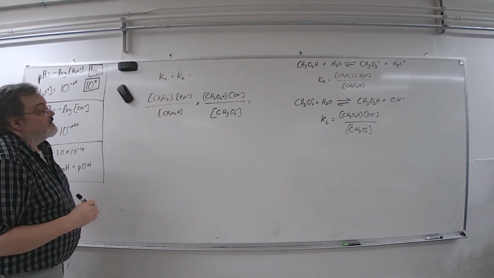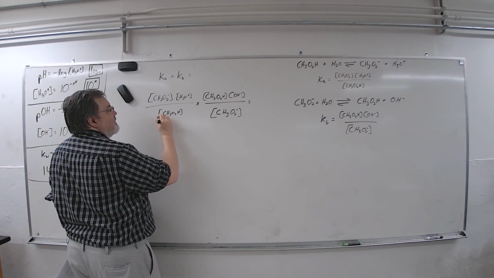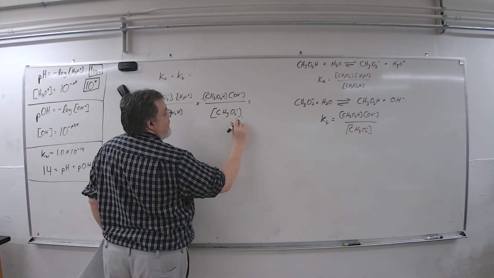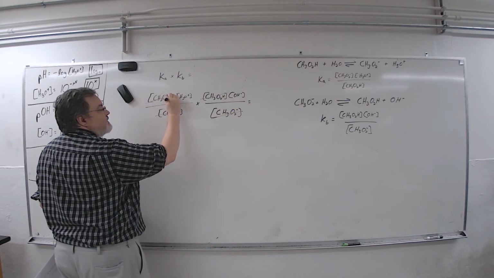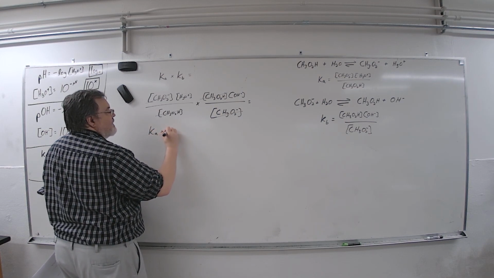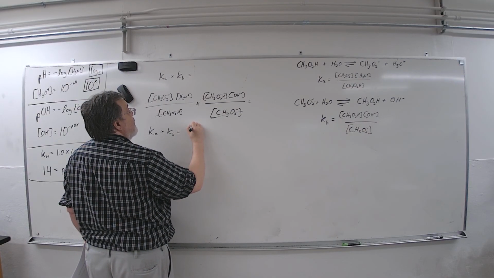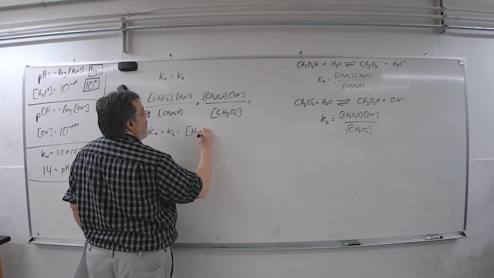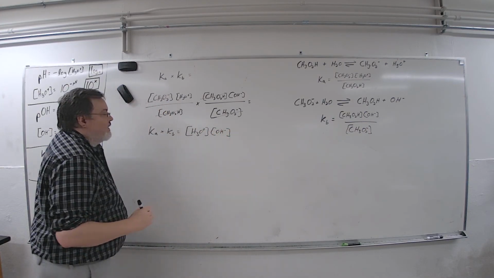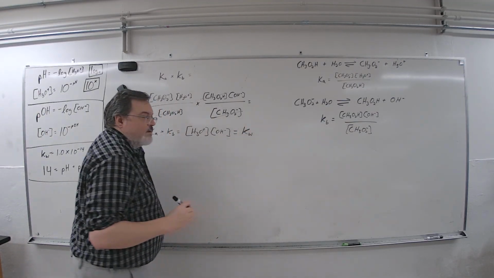We can reduce this. If I cross out that and that, and I cross out this and this, I'm left with Ka times Kb equals, which equals Kw.